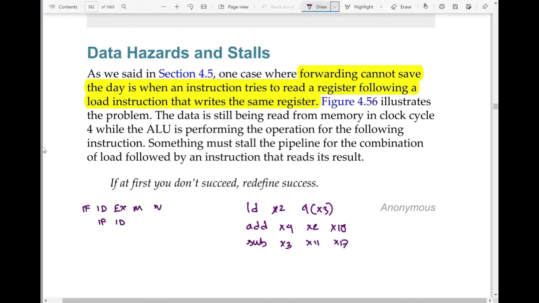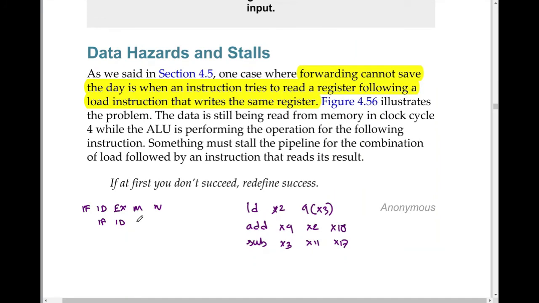Now, in the example load x2 4 x3, then add x3 x2 x10, and a third instruction also. When executing the second instruction, we need x2 to be ready, but x2 will only be ready after the memory stage, because the first instruction is a load instruction. So there should be a stall here.